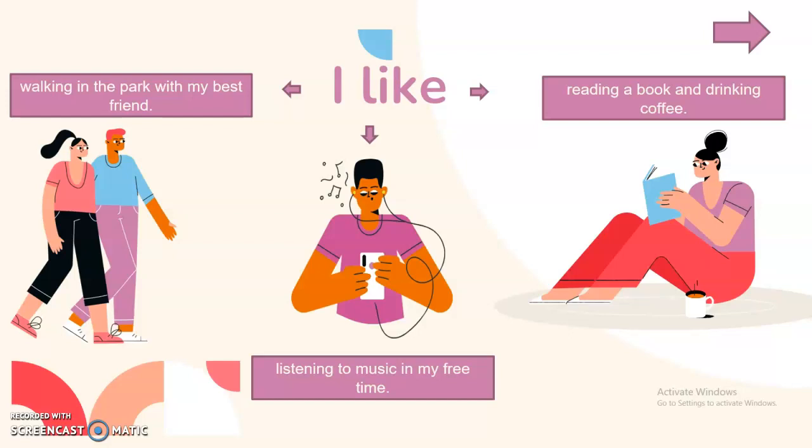Cuando tenemos verbos de cosas que me gustan o no me gustan en inglés y tenemos luego un verbo que tiene ing, representa un infinitivo. So it would be the same as saying, me gusta caminar en el parque, me gusta escuchar música, me gusta leer un libro. Sería lo mismo que decir eso.